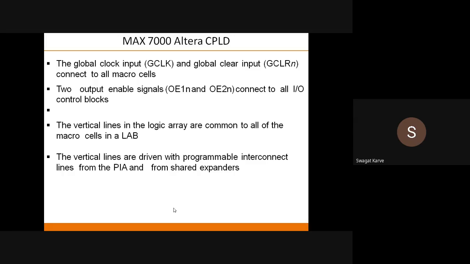So it has a total of 4 control pins: global clock input, global clear input, and 2 output enable signals, OE1 and OE2. These are the 4 external signals to control the CPLD. So this is about the external inputs.